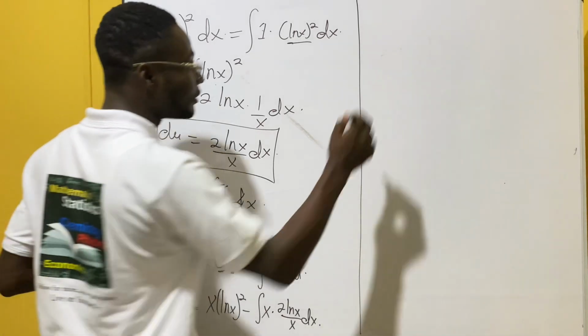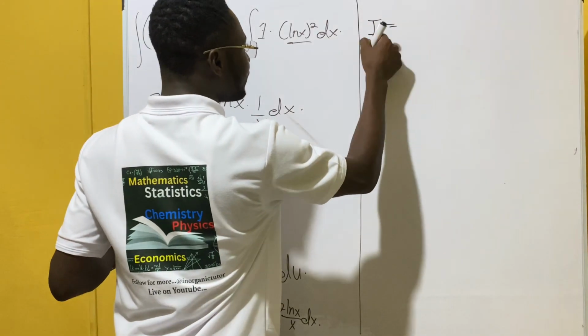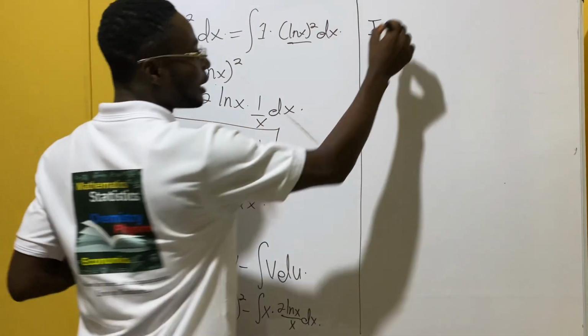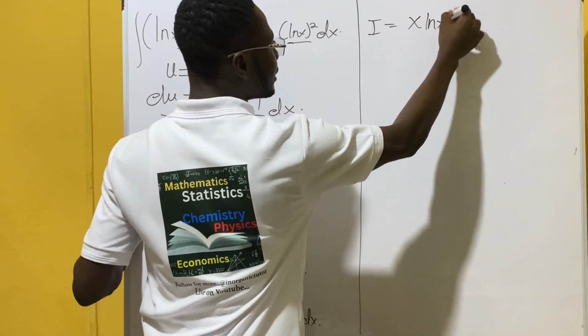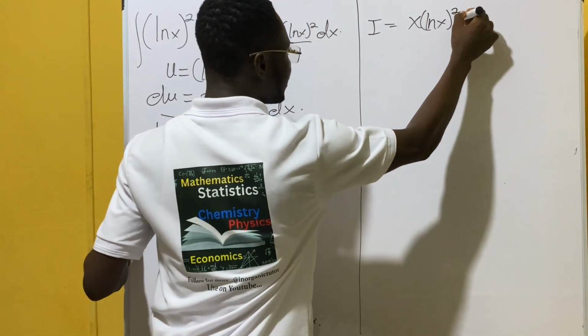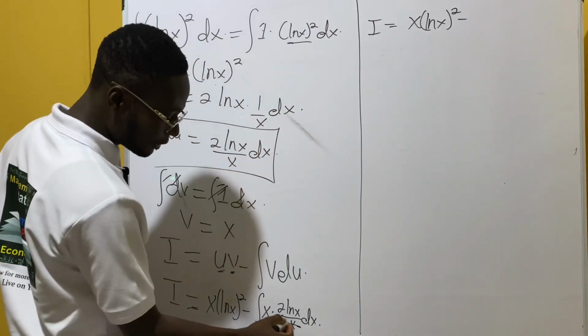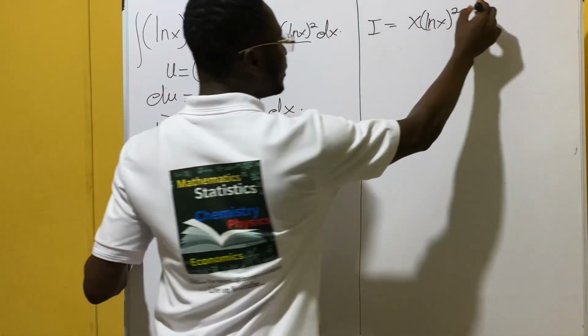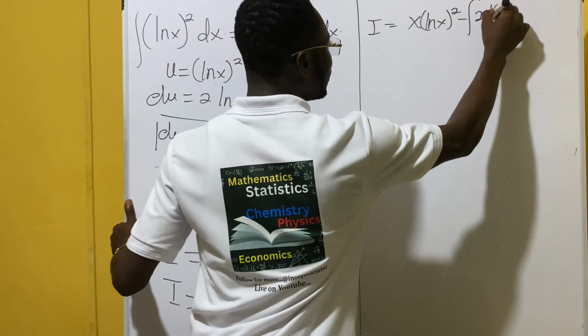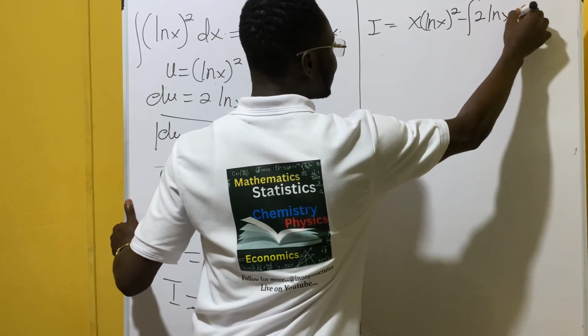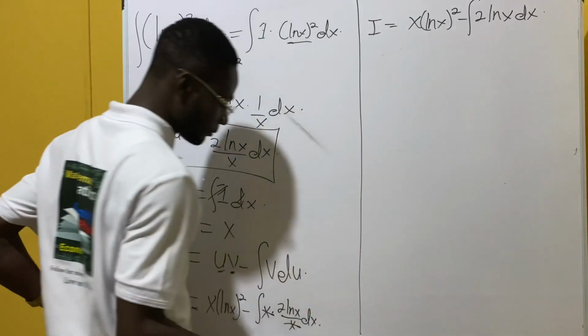Now this x cancels this, so we have the integral of 2 ln x dx.